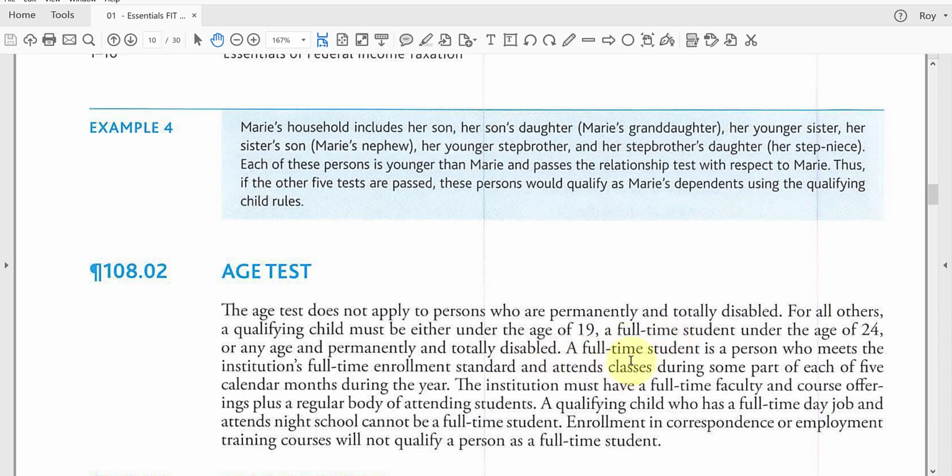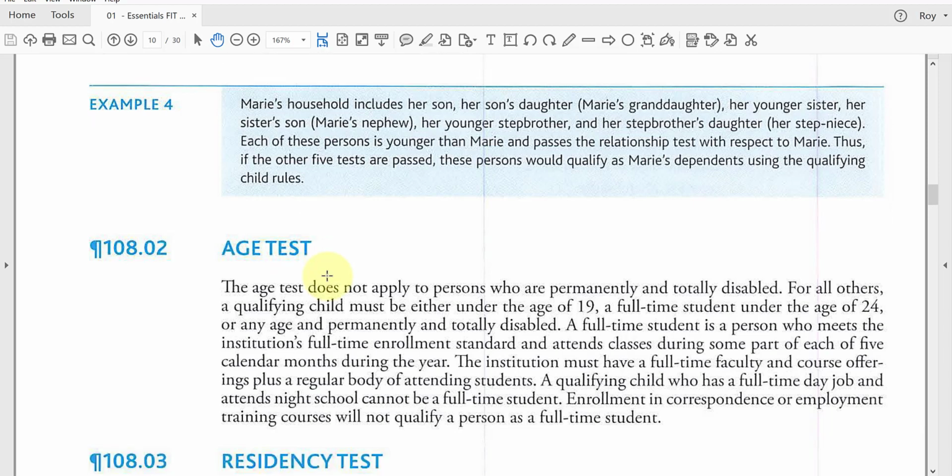So for example, in the UH system, as long as a student takes 12 credits in any one semester, they're considered to be a full-time student for the year. And if under age 24, they would meet this age test to be claimed as a dependent child.